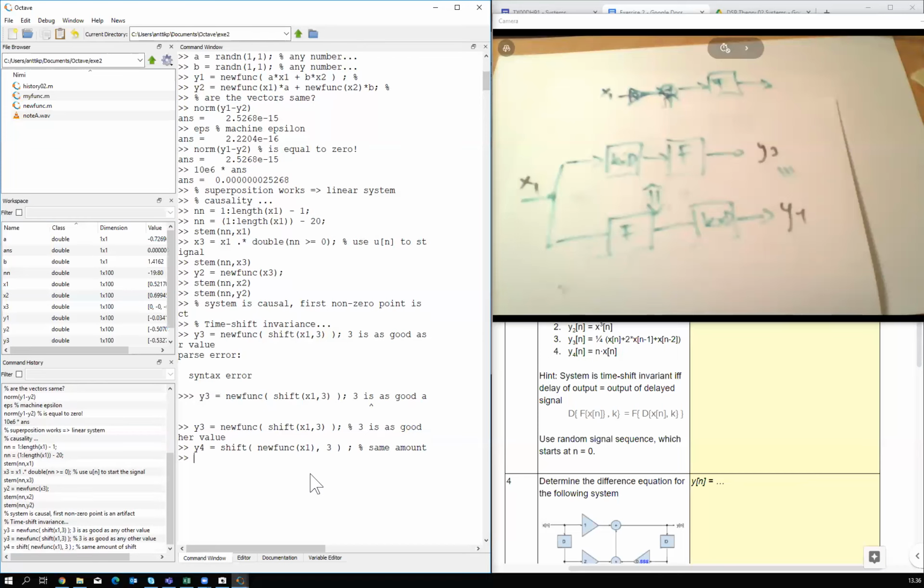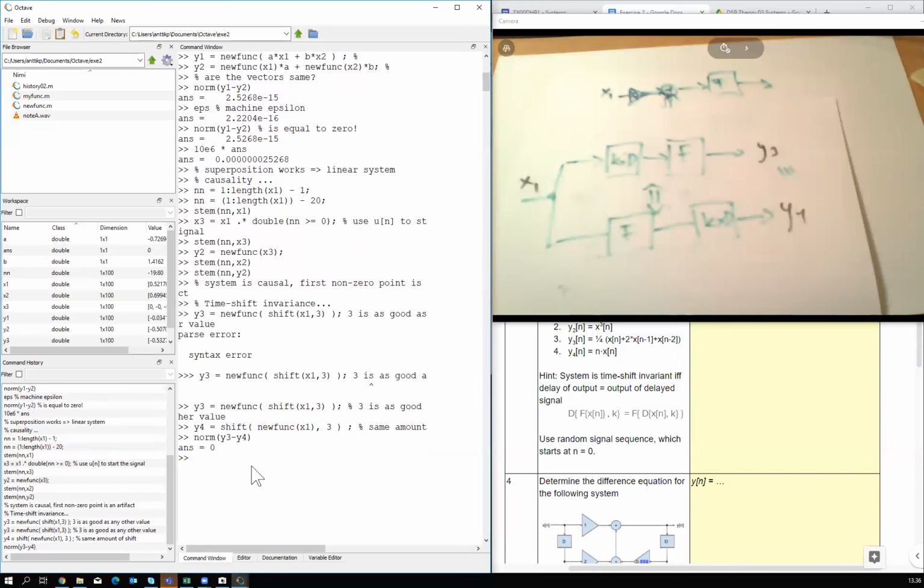Okay. Now we want to know if these are the same. We can either plot them or we can just calculate the norm of y3 minus y4. Okay, now we get exactly 0. So the system is LTI and causal.